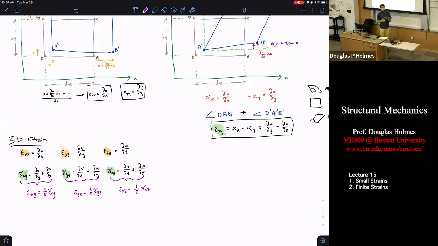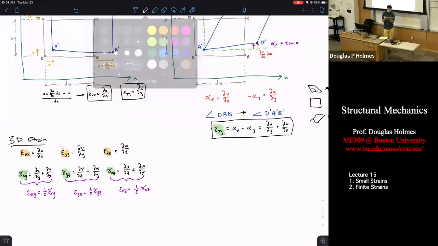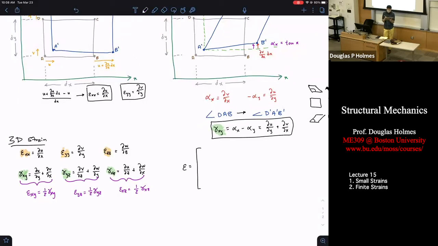And this really comes down to our ability to write this in a compact way. What I mean by writing this in a compact way is instead of keeping track of a strain tensor that looks like this... Probably didn't leave myself enough room here.